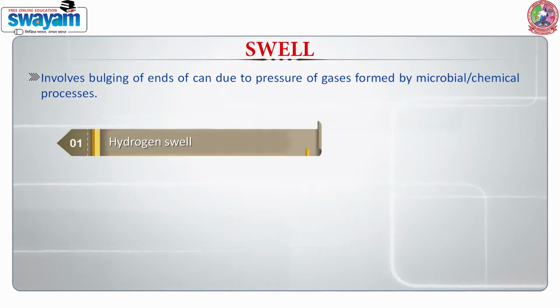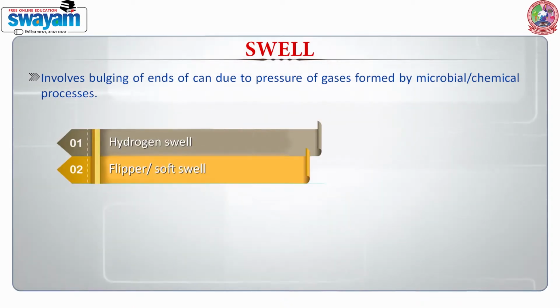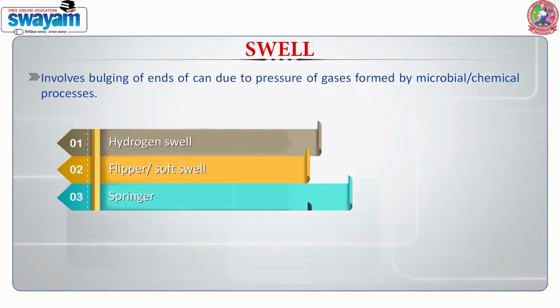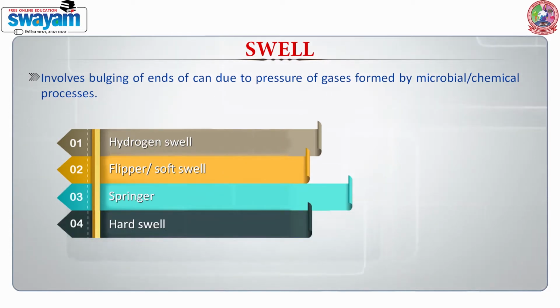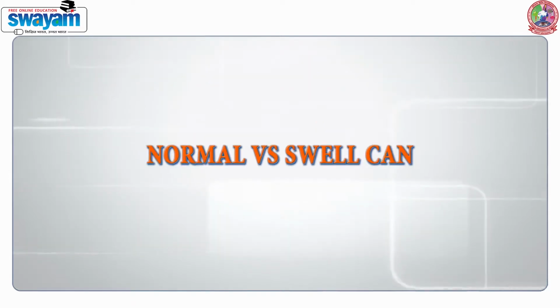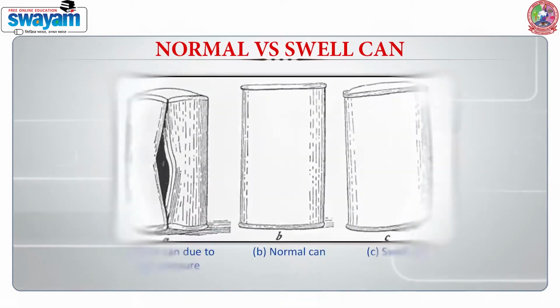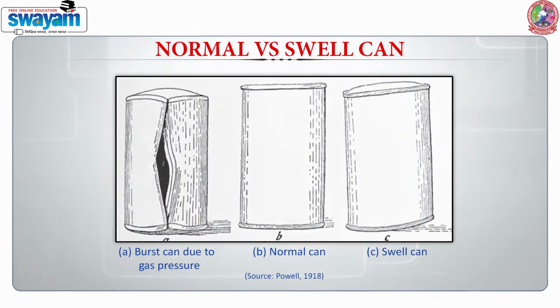Hydrogen swell, flipper, soft swell, springer and hard swell are some of the examples of the process. As you can see, there are differences in the appearance of the normal as well as the swelled can.